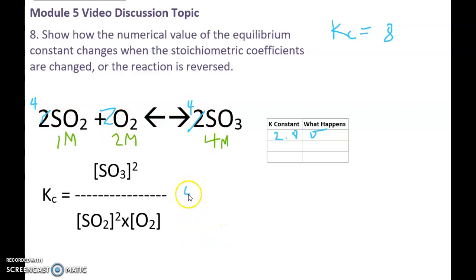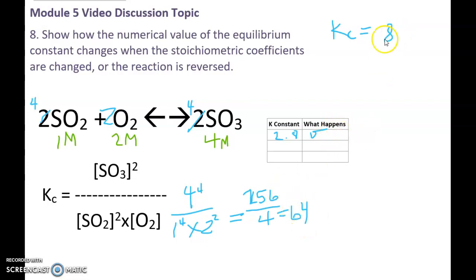We're going to say we've got 4 to the 4th divided by 1 to the 4th times 2 to the 2nd. So what we have here is, apologize for the handwriting, 256 divided by 4, which gives us 64.